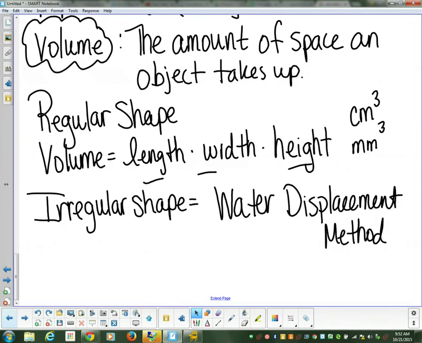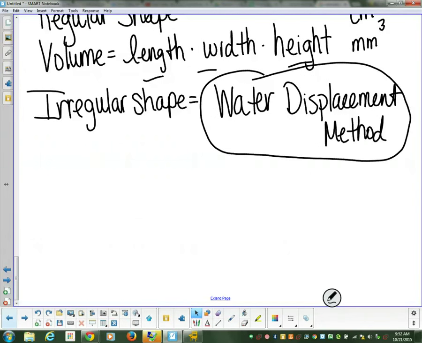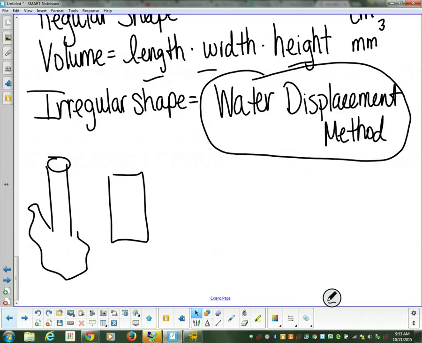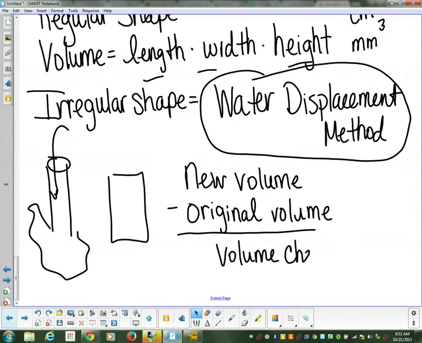Really all that's doing is you had a graduated cylinder or a beaker, you put the object in there and you use this formula: the new volume subtracted from the original volume, which is going to give you the volume change.